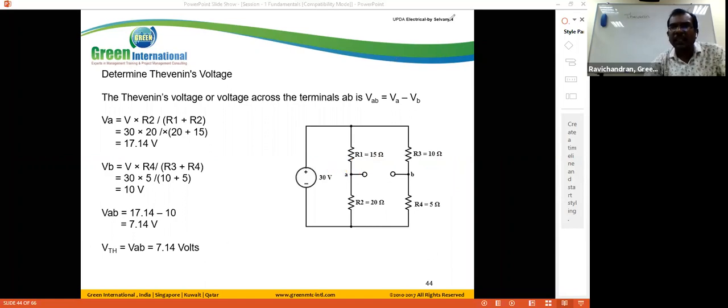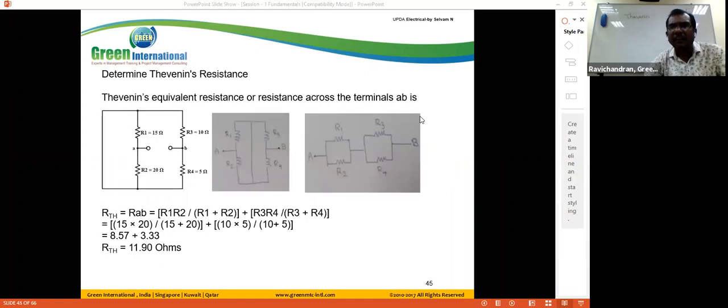Next, our objective is to find the Thevenin's resistance. What is the first step? Remove the load resistance. Then short circuit the voltage source. So first step, remove the load resistance here.